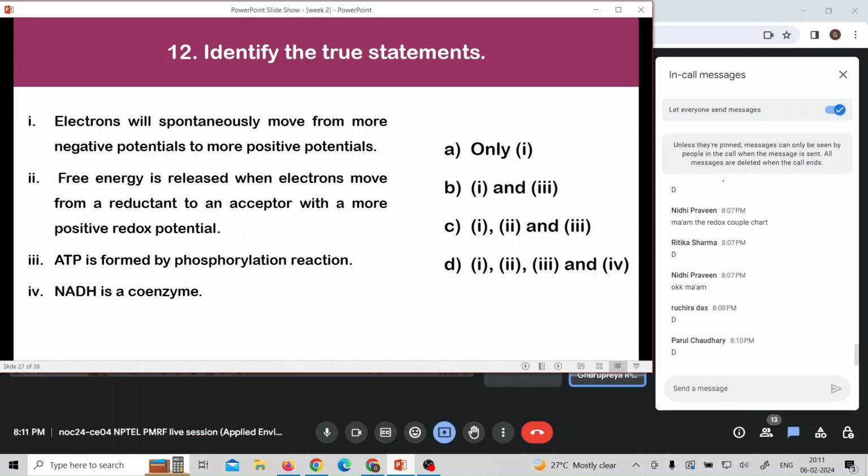I guess the options are a bit confusing, so I'll wait for a few more minutes. Okay, two responses.